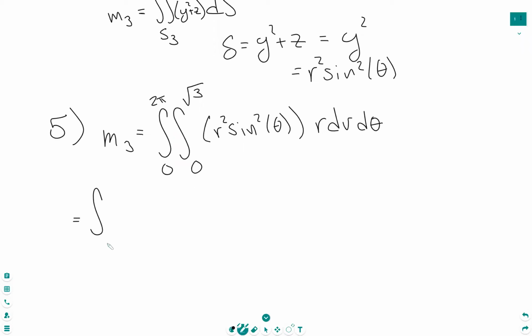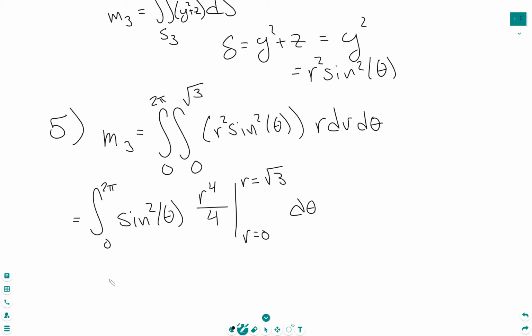So this is the integral from 0 to 2 pi of sine squared theta r to the 4th over 4, r equals 0 to r equals root 3, d theta.